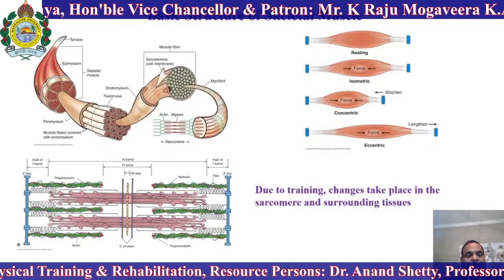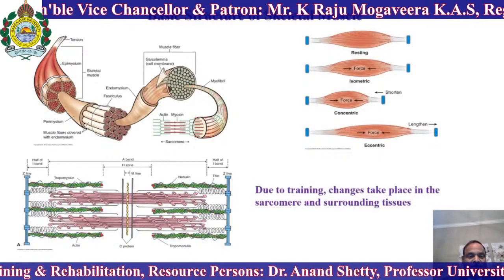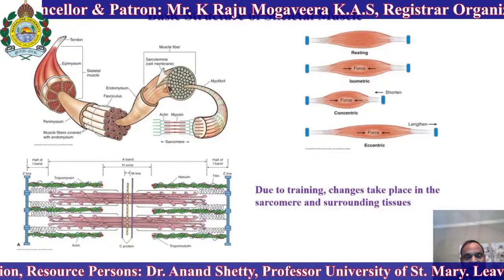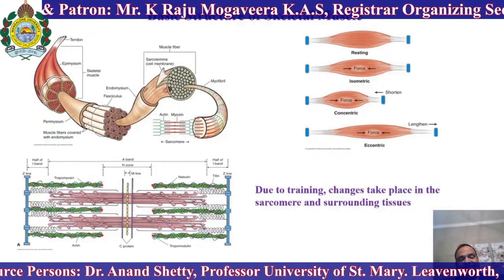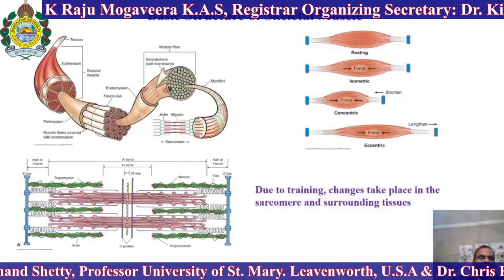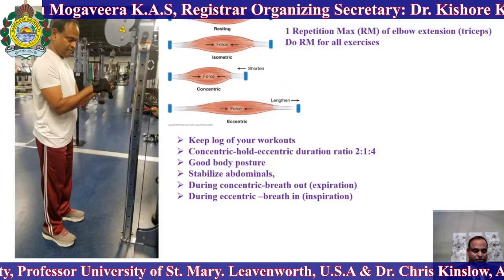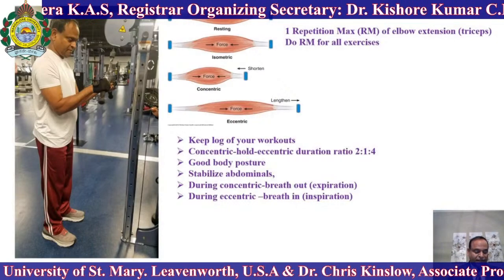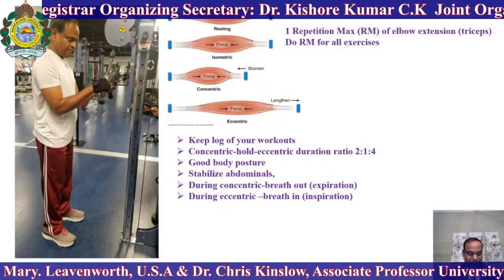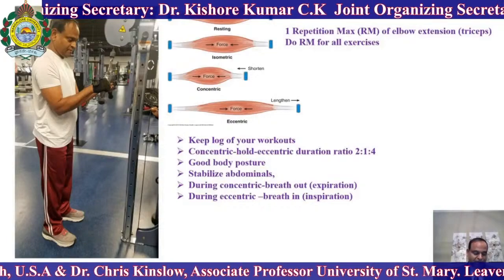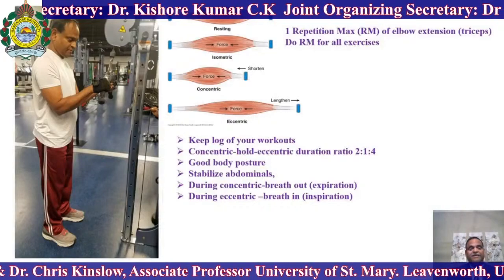If you look at the bottom left of your slide, you're going to see a sarcomere, with changes taking place within the sarcomere and the surrounding tissues. To accomplish our goals in a weight training program, we must have the proper exercise sequence, number of exercises, muscle groups involved, and resistance needed.